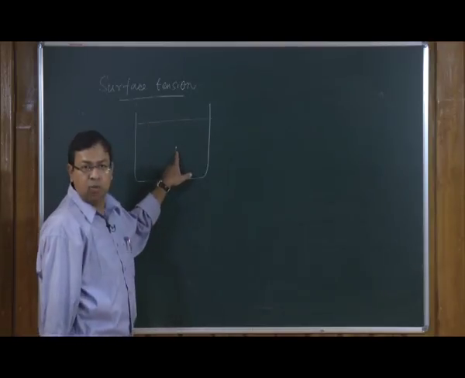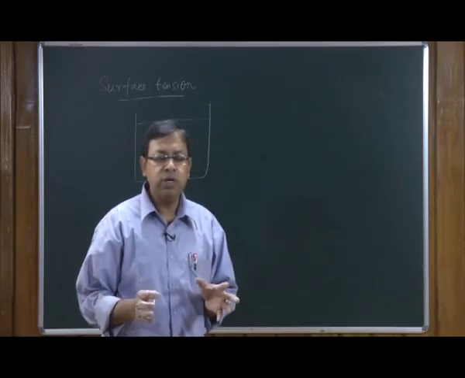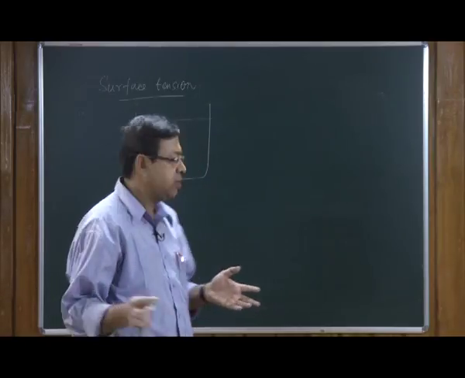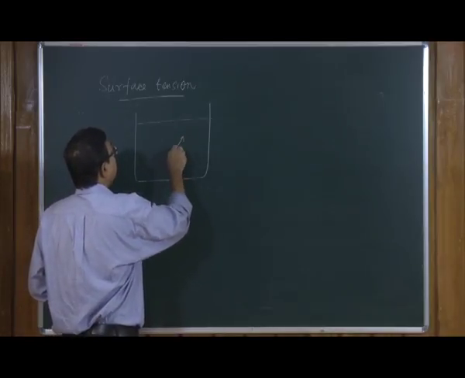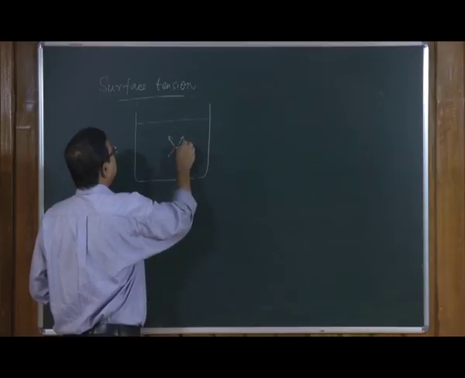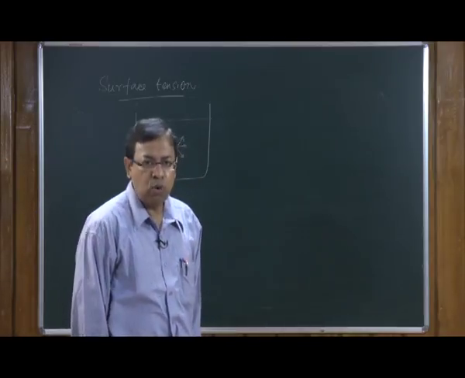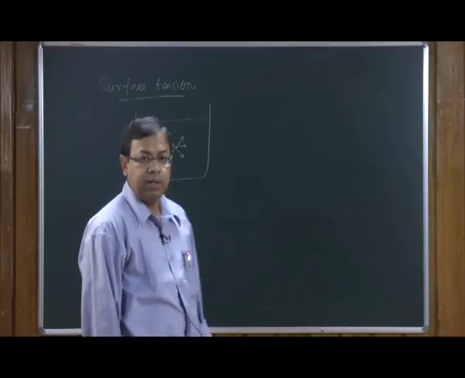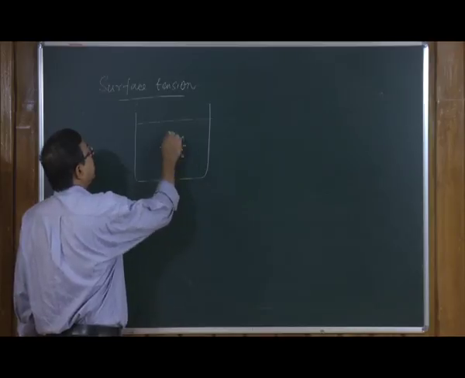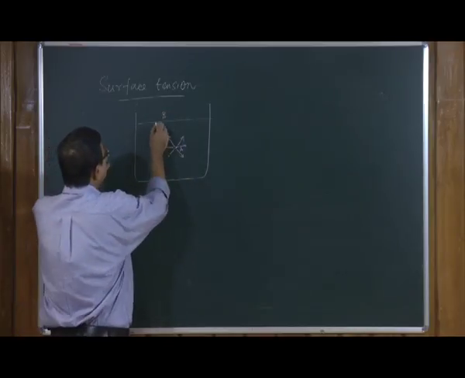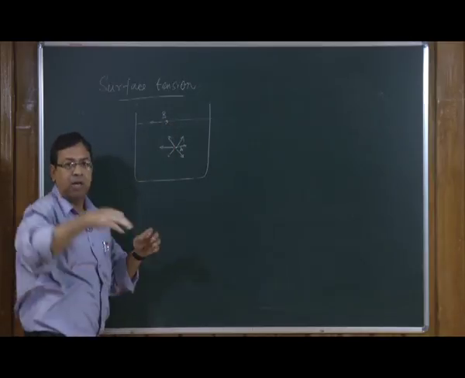The water molecule here experiences an attractive force due to all other water molecules. So, this is uniform in all directions. This is an attractive force due to all other water molecules. Now, let us call this point A and this point B. There are no counterparts above.